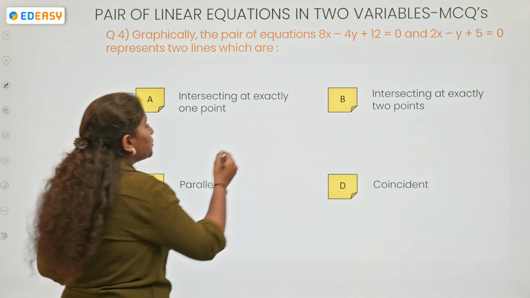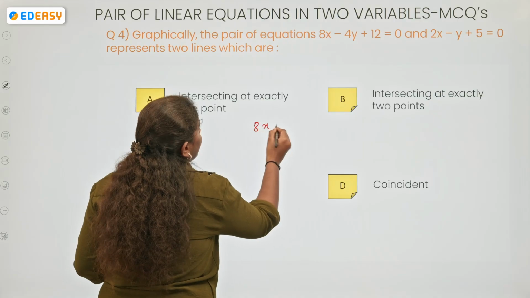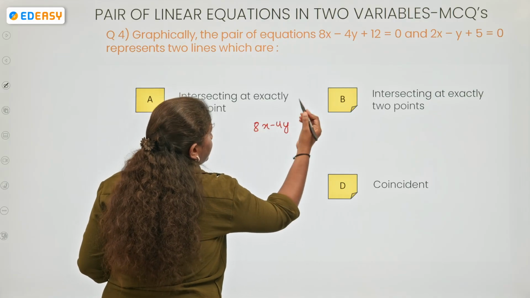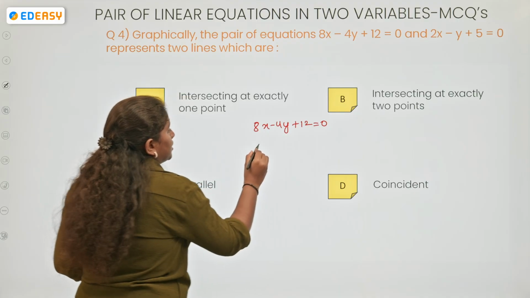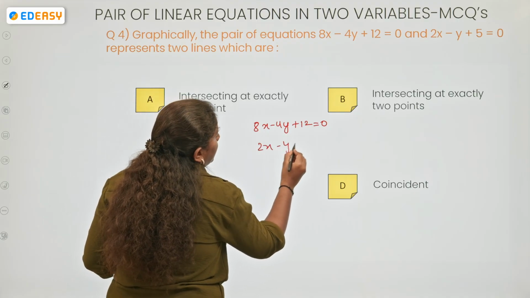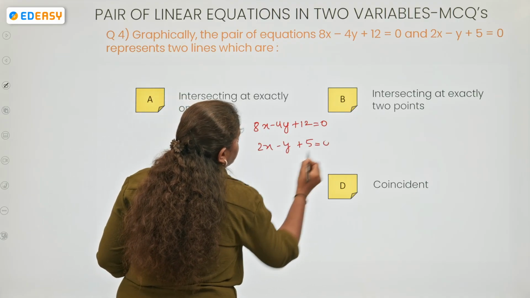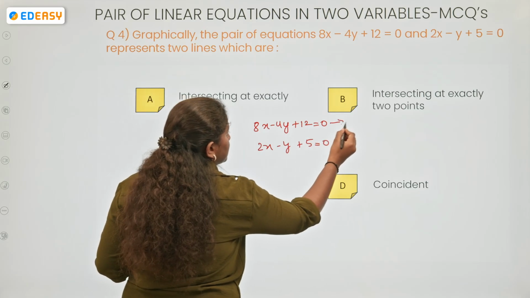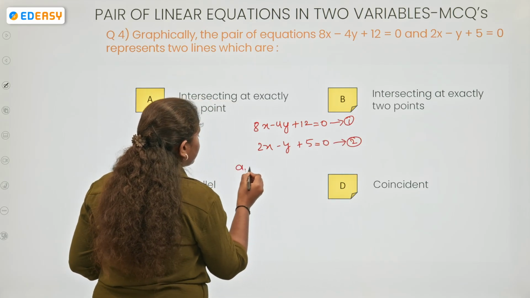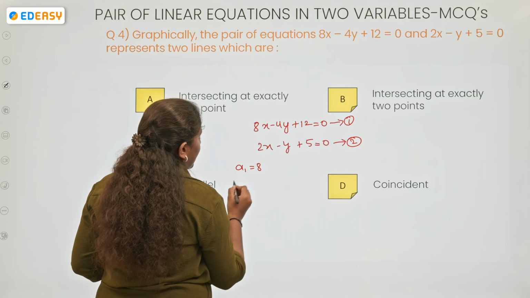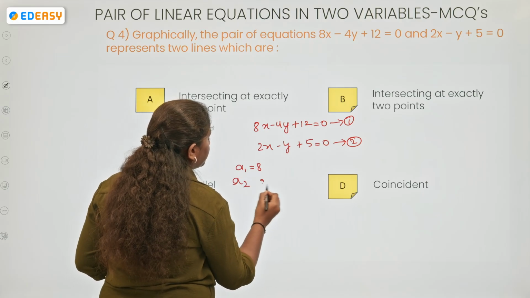Now take the given two equations, 8x minus 4y plus 12 equals 0, and next 2x minus y plus 5 equals 0. This is my equation 1 and this is my equation 2. So what is the a1? a1 is 8 and what is your a2? a2 is 2.